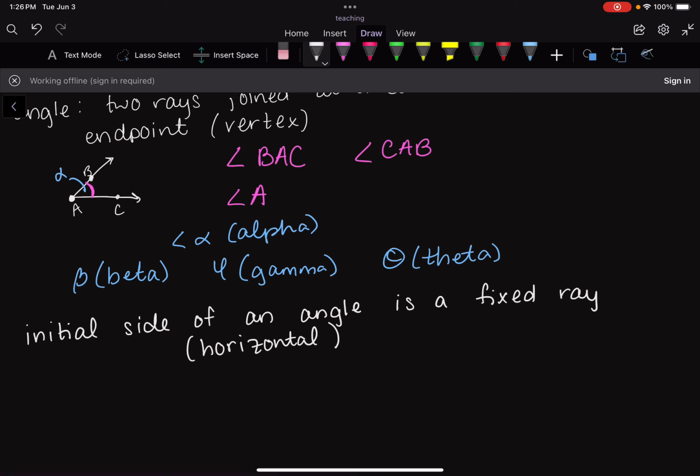More specifically, when we get into actually graphing angles, we're going to see that this is always the x-axis. The initial side of our angle is always going to be the x-axis.